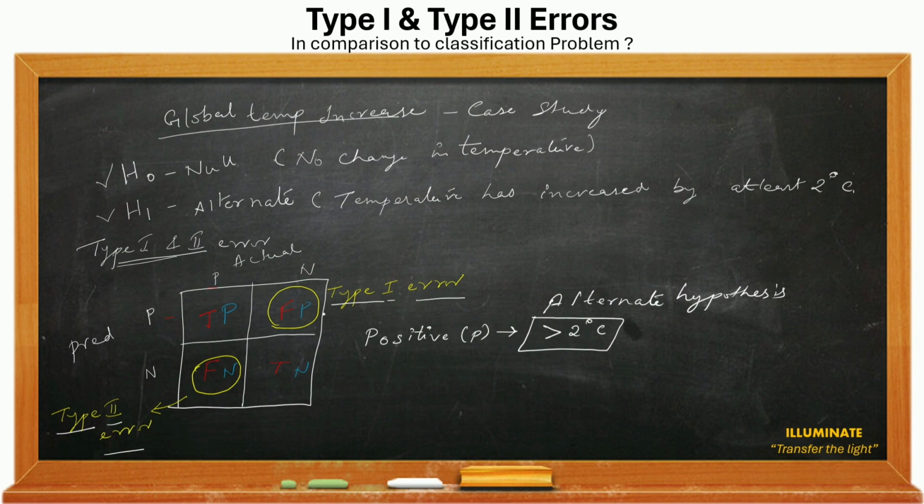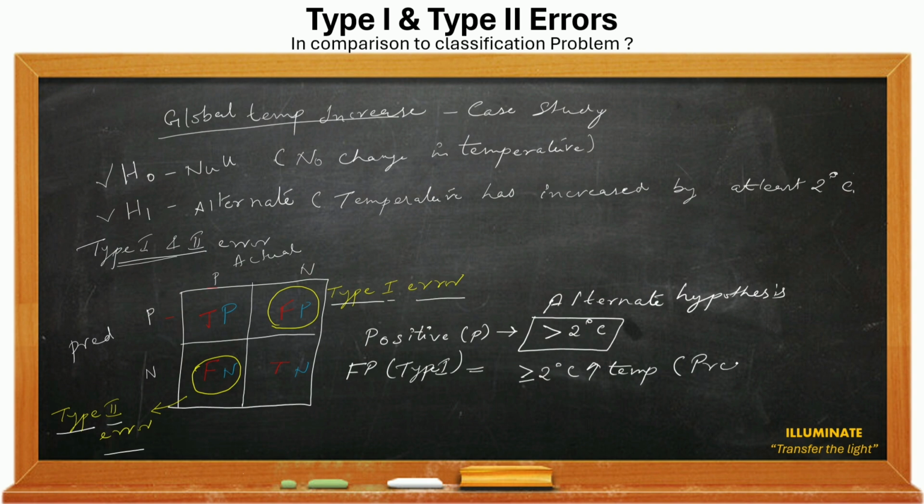Now what are we saying here? Just understand one thing so that the other thing becomes easy and very clear. So we'll understand false positive, that is type 1 error. We are saying that the temperatures have increased by at least 2 degrees Celsius. So greater than or equal to 2 degrees Celsius increase in global temperatures was there. That is what we are saying, that is predicted, or the test is saying that this has happened.